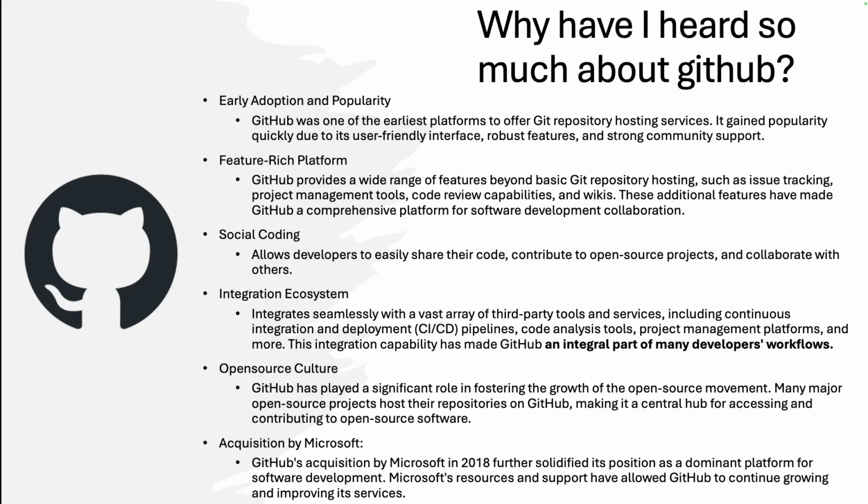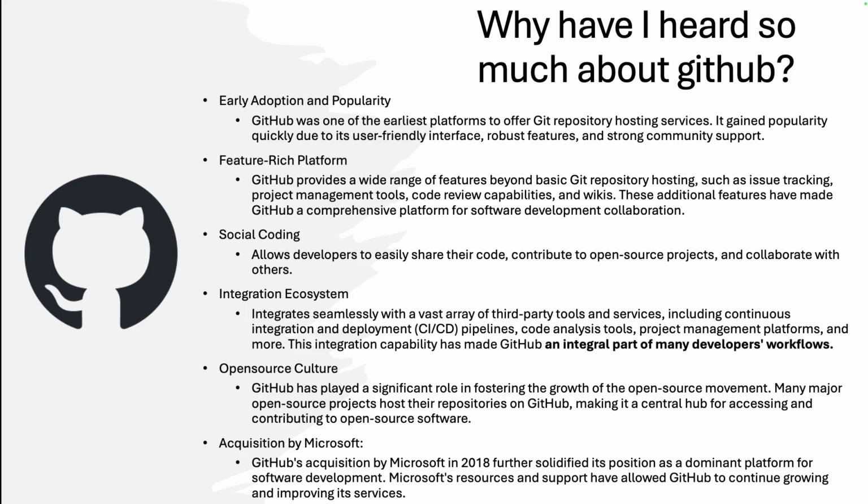So, feature-rich platform, as I mentioned, GitHub has a wide range of features beyond just being a server to put a repository on. You can create issues against specific lines in the repository, that you can then say, oh, I'm going to fix this, and it'll create a pull request for you to put your changes into, or create a branch for you.